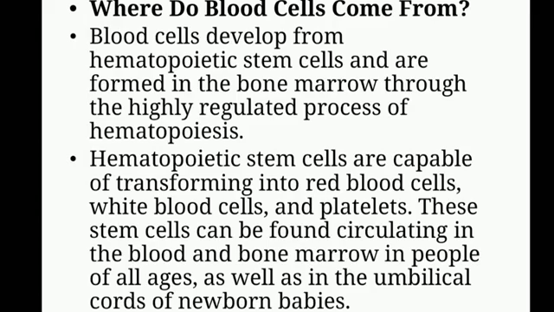Hematopoietic stem cells can transform into red blood cells, white blood cells, and platelets. These stem cells are found circulating in the blood and the bone marrow in people of all age groups.